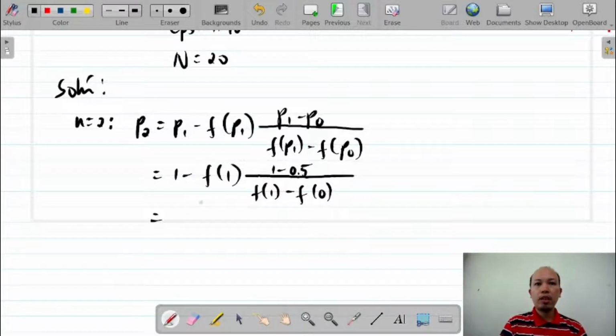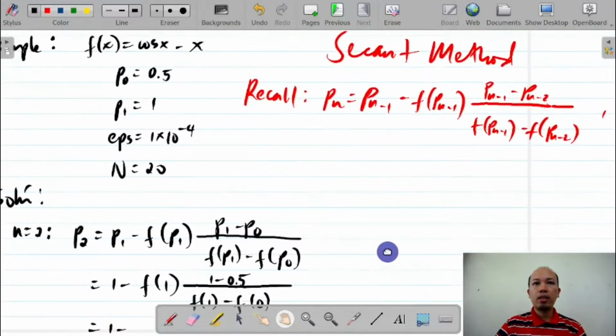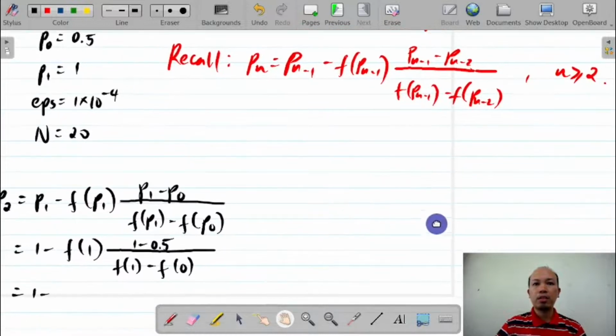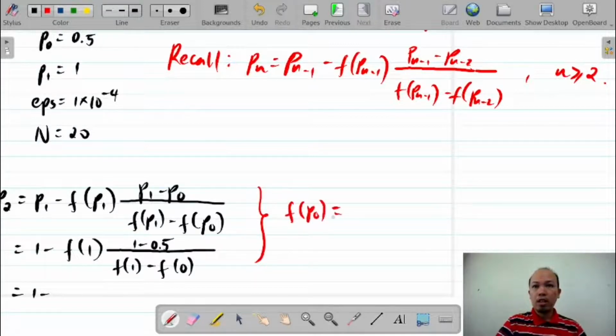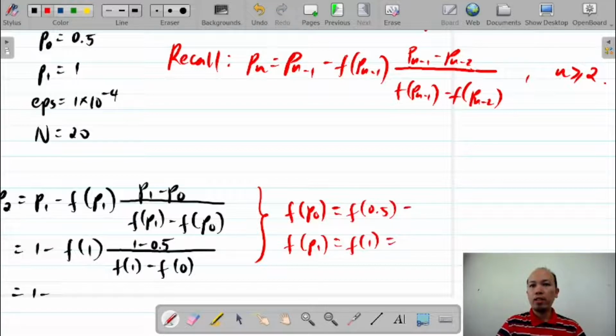Let's compute what f of p sub 0 and f of p sub 1 are. f of p sub 0, with p sub 0 equal to 0.5, is cosine of 0.5 minus 0.5. And f of 1 is cosine 1 minus 1.